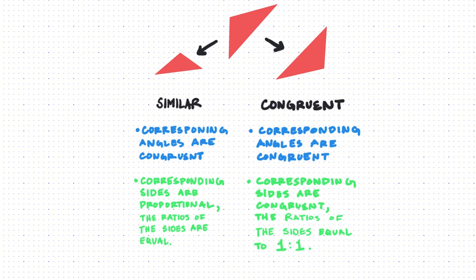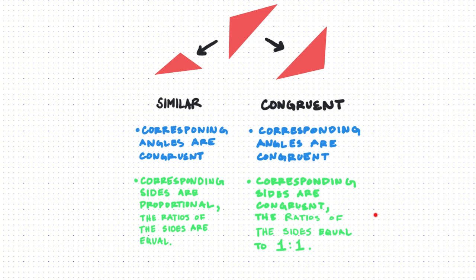So they may not be the exact same length, but all the sides will have the same multiplier. So for instance, from our original shape here to our similar shape, it's getting smaller. Now, by what scale factor? It could be a half or a third, but every side shrinks by the same amount.